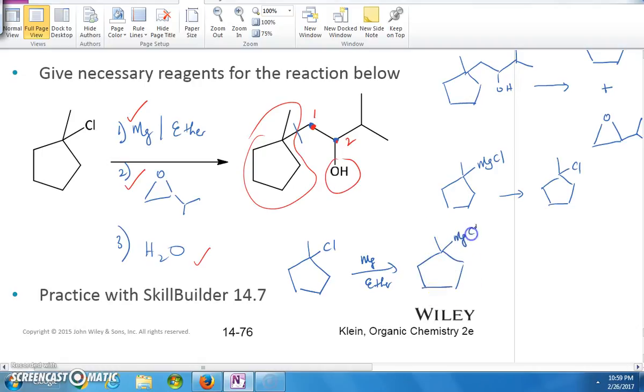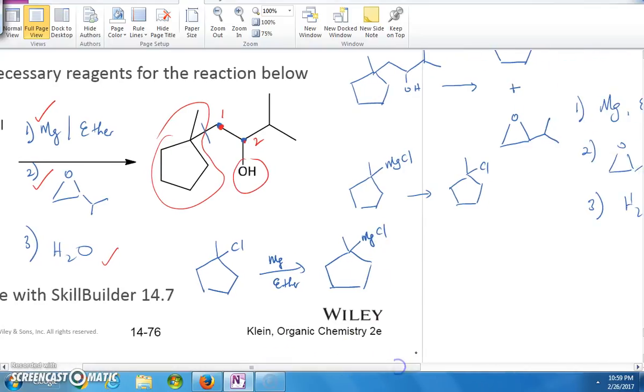You get that, and then you make it react with the epoxide. Because this is your nucleophile, it is going to attack through the less hindered carbon, so the epoxide opens up like that.